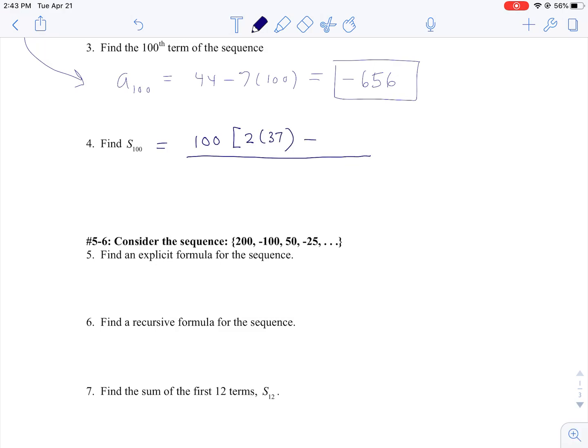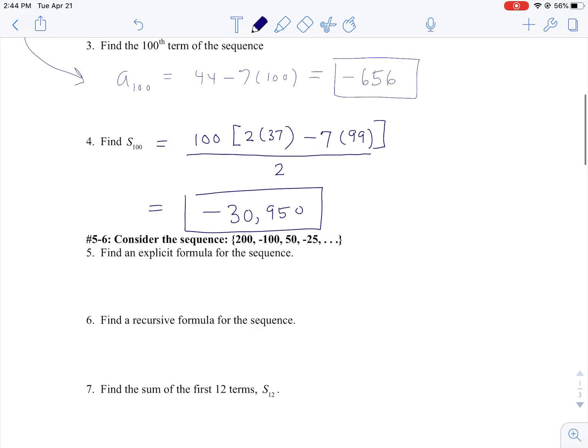So I'm going to double 37, and I'm going to subtract the common difference, n minus 1 times. That's 99 times. And I'm going to divide all that by 2. So if you add up the first 100 terms, you get -30,950. There we go.